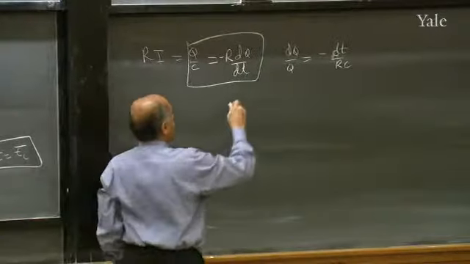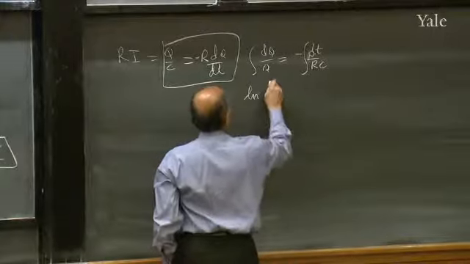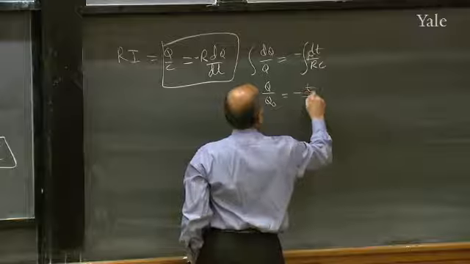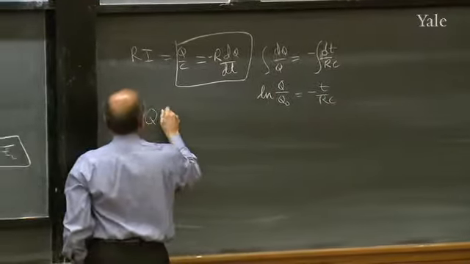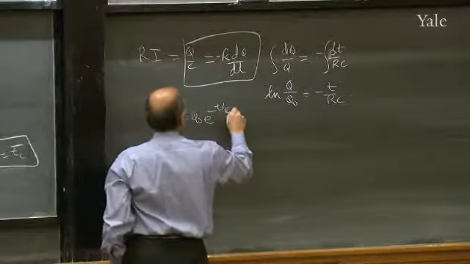Now if you integrate that from starting to finish, this will give you log of q over the initial q will be minus the time divided by RC, or q of time t will be q0 e to the minus t over RC.